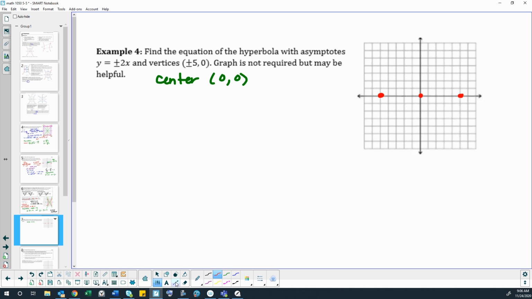And then here's where the asymptotes are going to come in. So if the slope is 2, that would be 2 over 1. So I'm going to start my asymptote right here in the center, and I'm going to go up 2 over 1, and then continue that pattern, up 2 over 1. So there's where my asymptote is going. I didn't mean to start a new one, I'm just going to drag that corner.